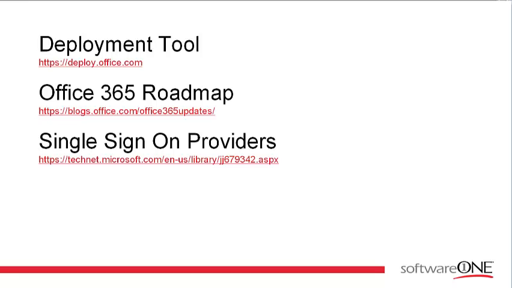Our preference is really, if you already have a contract with any of these companies, because there's a standard, it makes it easier to adopt one of these solutions. So if you're already a CA customer, they have a SAML-based product that will allow you to extend your Active Directory to the cloud. If you're IBM, they also do. So we'll be happy to talk to you about any of those products.